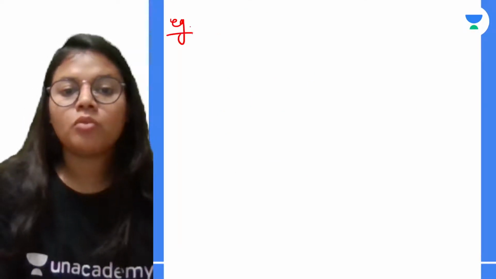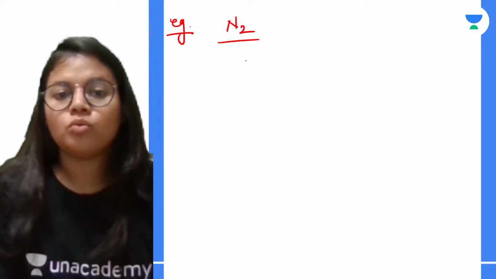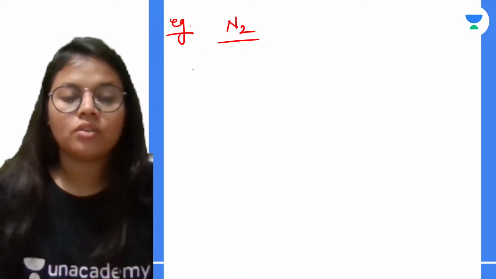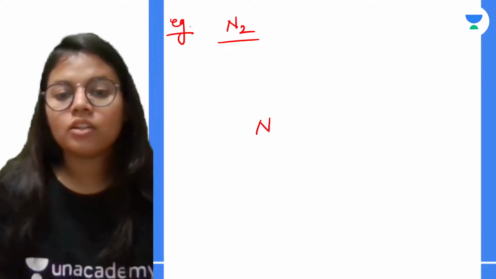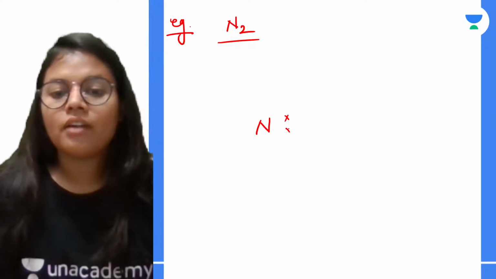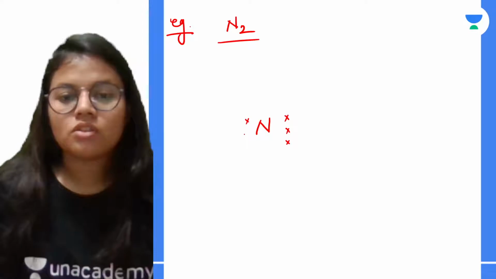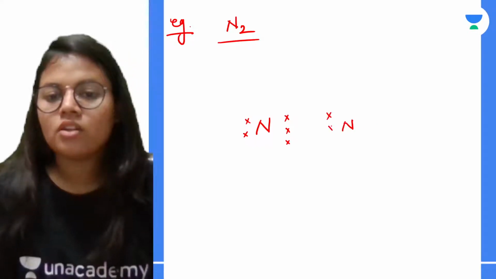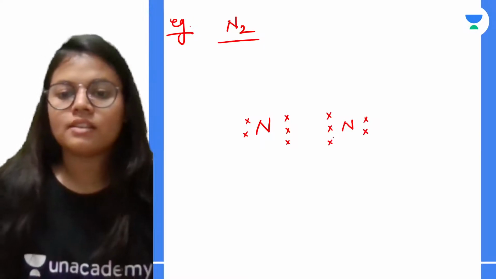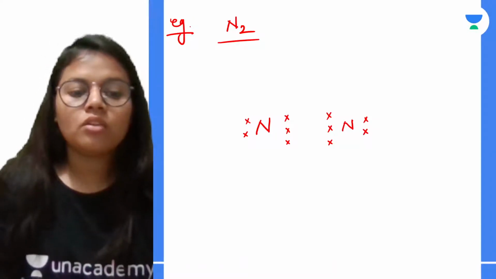तो सबसे पहले हम लोग बहुत ही simple example लेंगे N2, that is a nitrogen molecule. Okay, so how is this formed? Nitrogen की अगर हम लोग बात करें तो it has got 5 electrons in the outermost shell. Okay, so N2 means 2 nitrogen atoms. So this is the first and this is the second. And how is the bonding going to be?